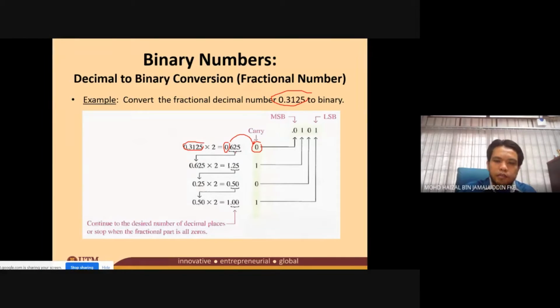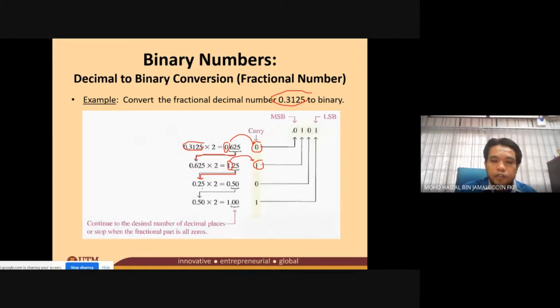So then this value, you bring it down, you multiply again with 2 and you get 1.25. And again, you take the carry here as 1. Again, you bring it down, 1.25, 0.25, not the carry.